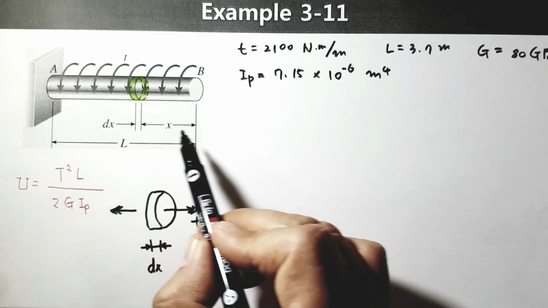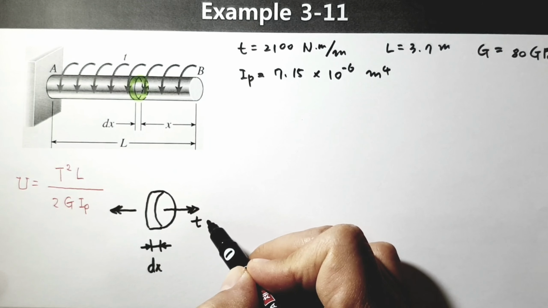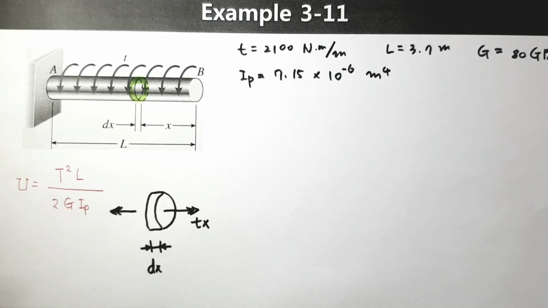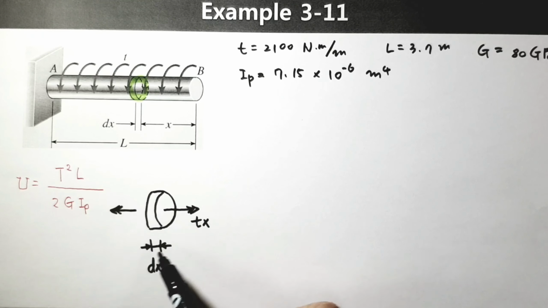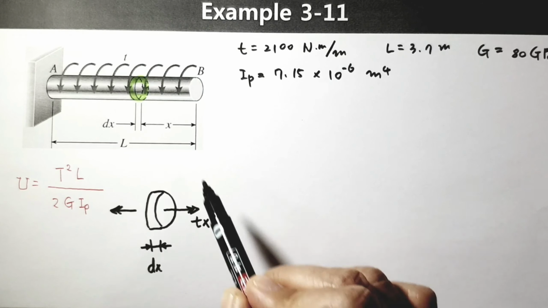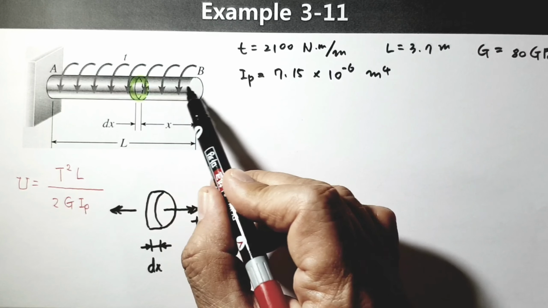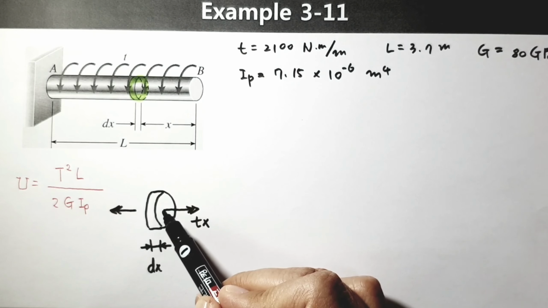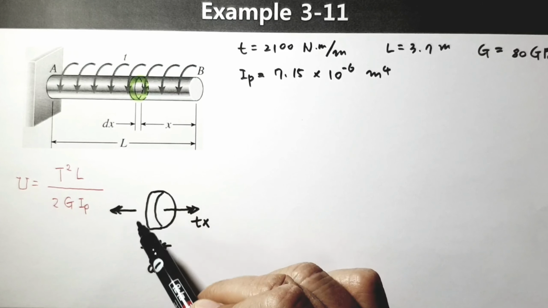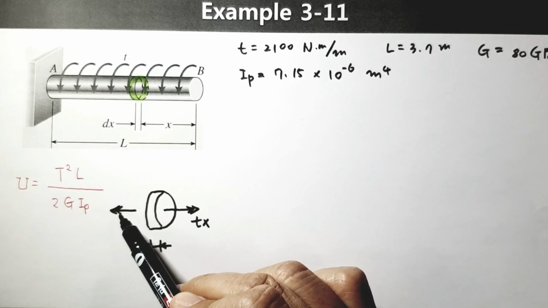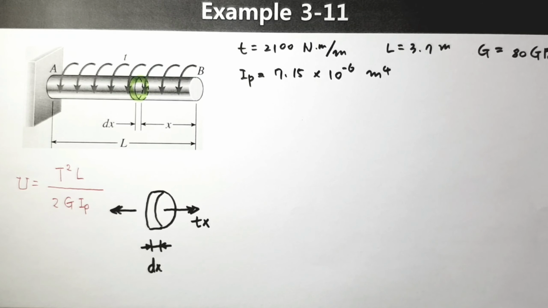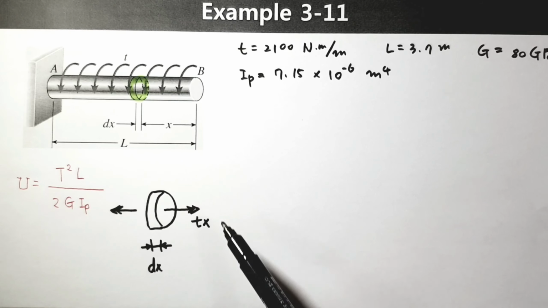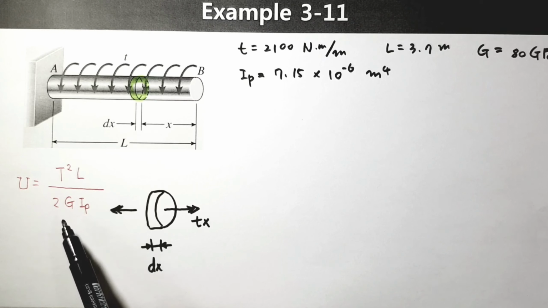Tx is acting, which, when you think of it as an isolated system, means the total torque Tx over this distance is acting on this part. If it is in a state of equilibrium, the same torque is acting on this side as well. When you understand it properly, we are ready to apply this formula there.